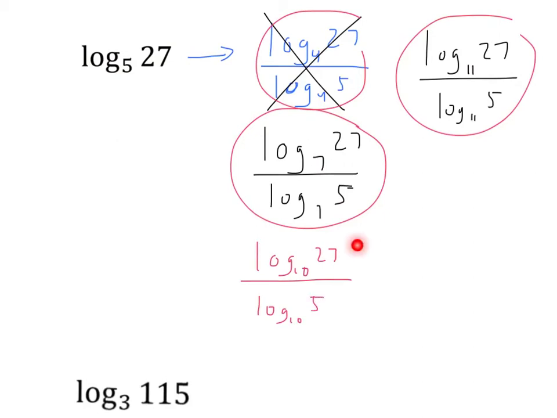This is something we can do on our calculator because the calculator has a log base 10 button. If you type in log base 10 of 27, and then divide that by the log base 10 of 5, you'll get that this is 2.05.